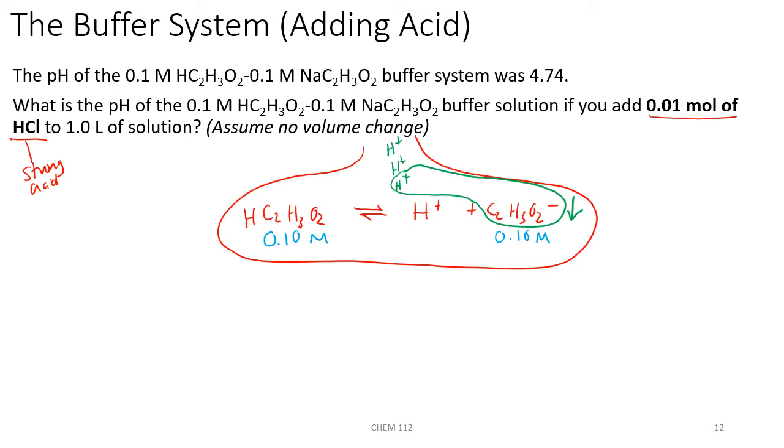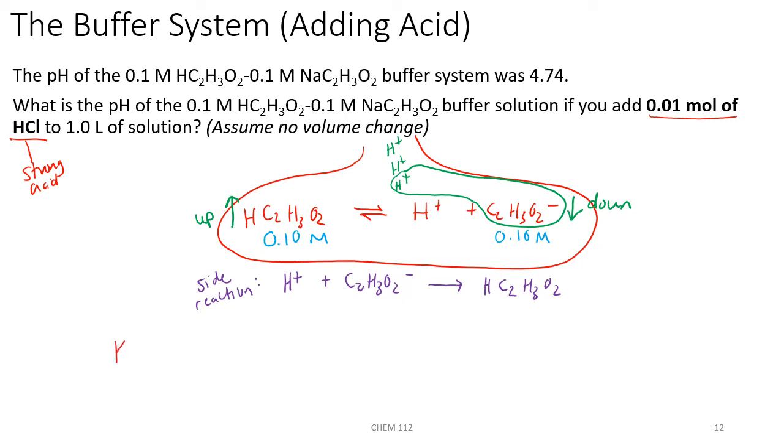And so this side reaction that would occur would be the combination of our hydrogen ion plus our acetate anion forming some acetic acid, HC2H3O2. So however much acid you add, that's how much our acetate will go down by, and the same amount our acetic acid will go up by. So strong acid reacts with the conjugate base portion of your buffer system.